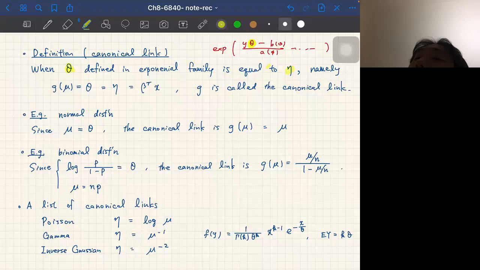Then we use that link function, and we assume that this theta is equal to a linear combination of the intercept and x1 to xp. So this link is called the canonical link. Once you identify the relationship between the original parameter and the parameter theta in the exponential family, the canonical link is automatically determined.